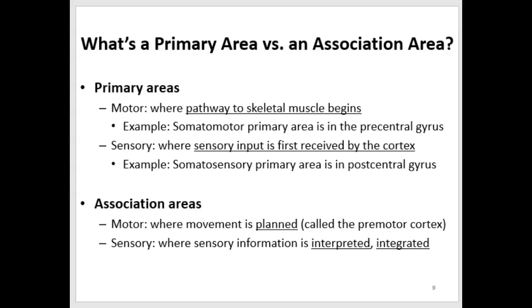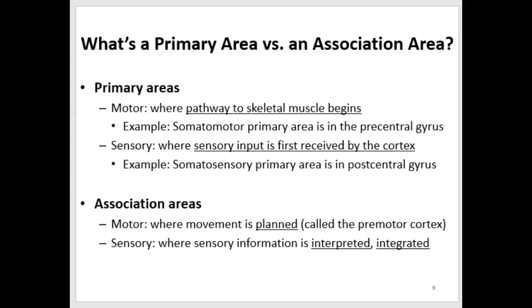In terms of sensory information, a primary somatosensory area is where sensory input is first received in the cortex. And it's not usually the only location where we become aware of it, but it is first sent to the cortex there. So the primary somatosensory area is that postcentral gyrus that we've already looked at.